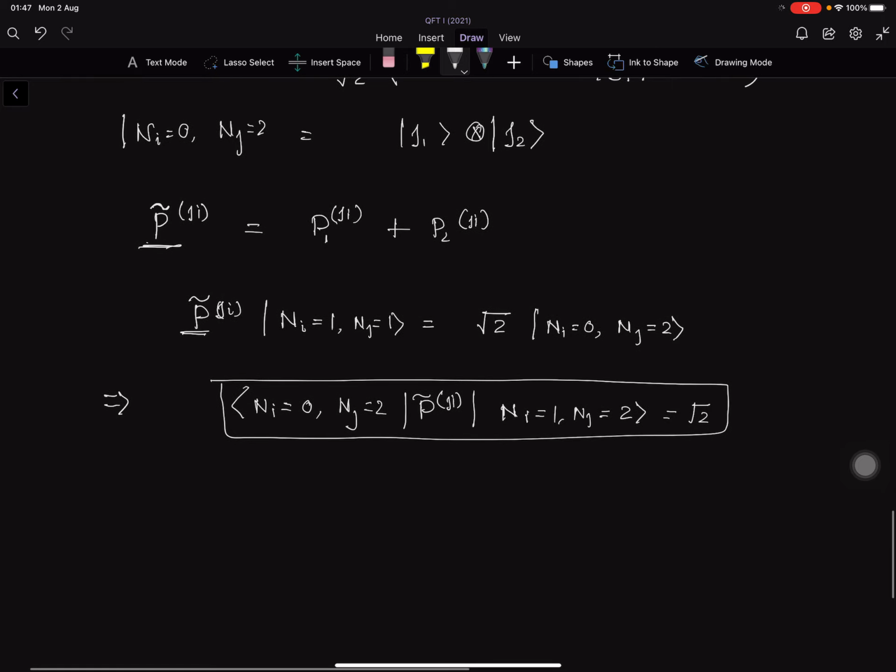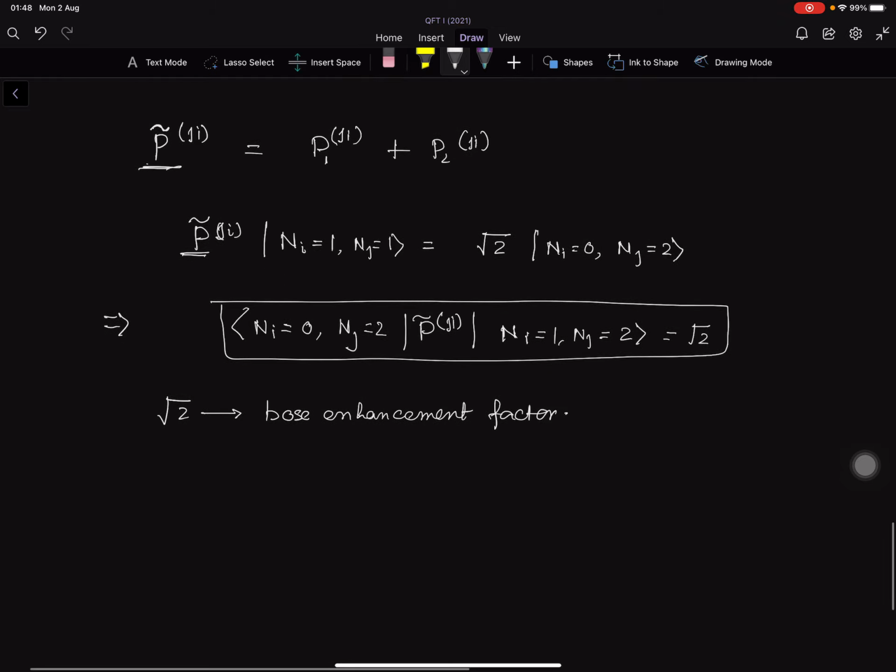Okay, so this is the non-zero matrix element of the operator, and this square root 2 factor is often called the Bose enhancement factor. The reason behind this factor is basically that we are summing over all distinct permutations, and that's why this enhancement happens. Okay, so this is a very simple exercise, but we can easily generalize it to n particles.